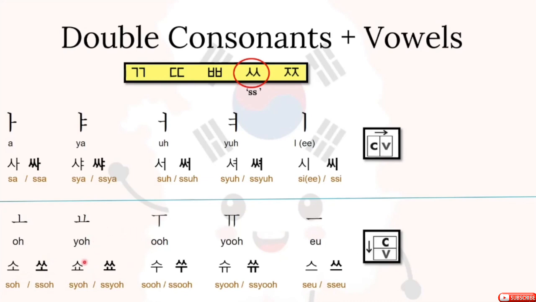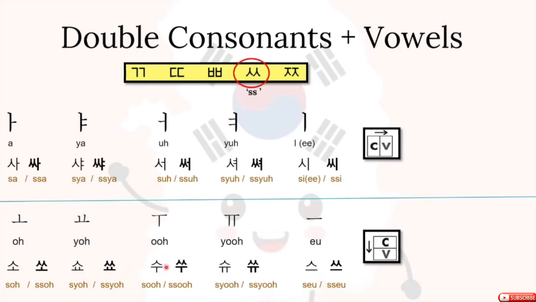And s, single consonant, show. So the double consonant sounds more like the show time. Show. Show. So s and yo, show. Show, show.